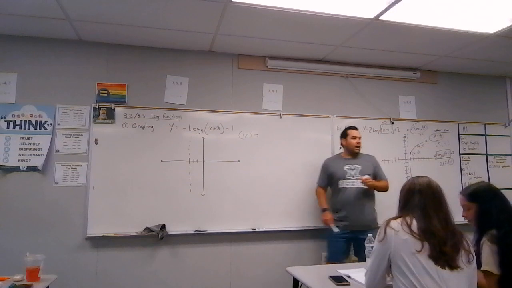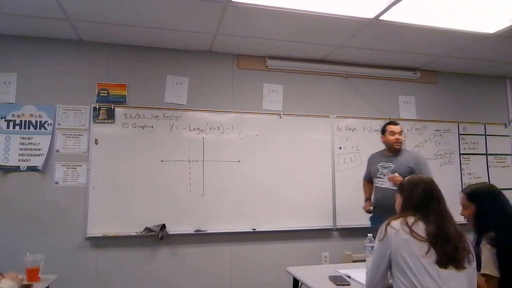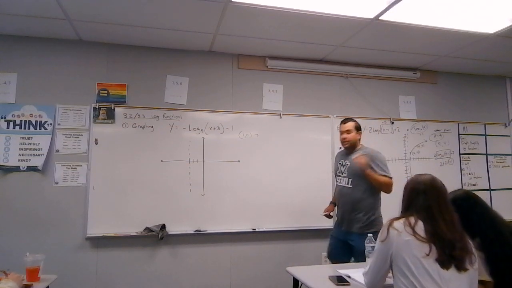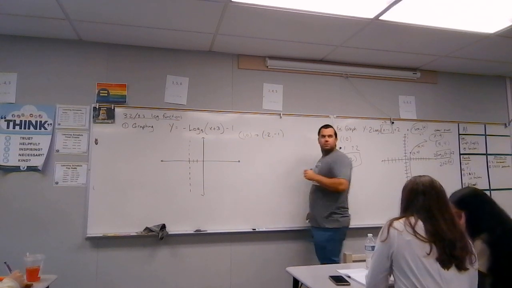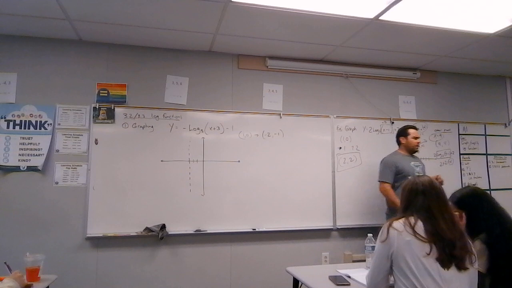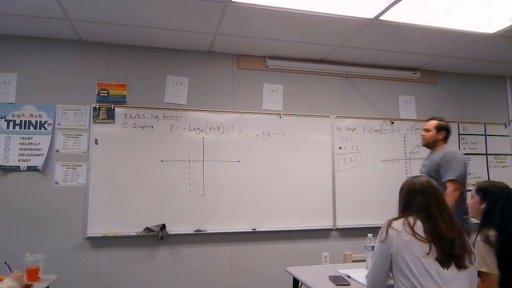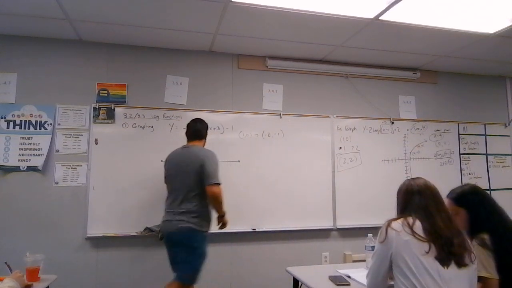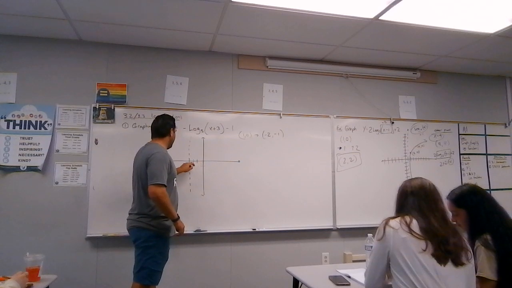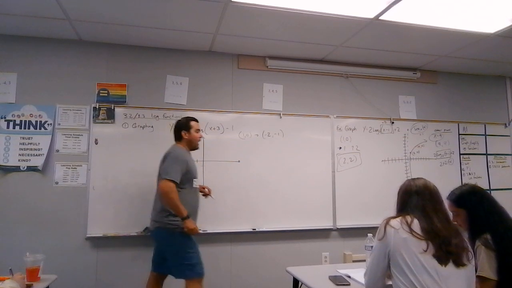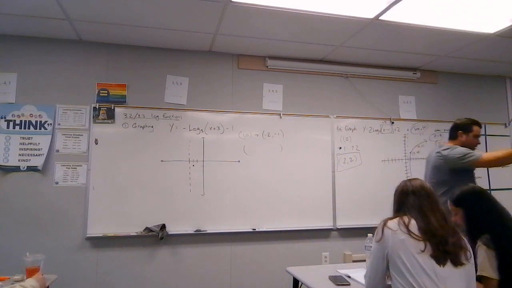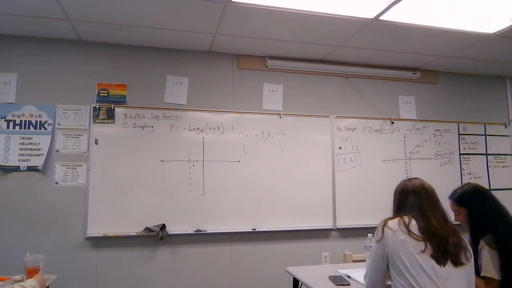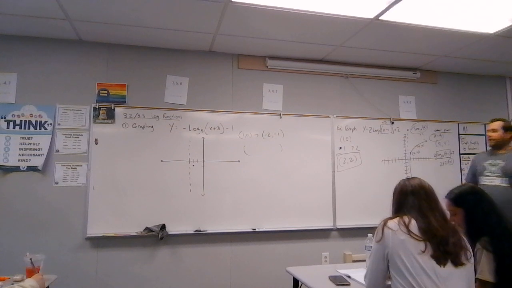Where does that end up? -2, -1. Okay. So then -2, -1. All right, what's my best choice for the next coordinate, Thomas? I think 2. Very good, perfect.